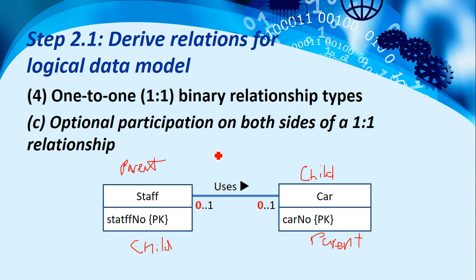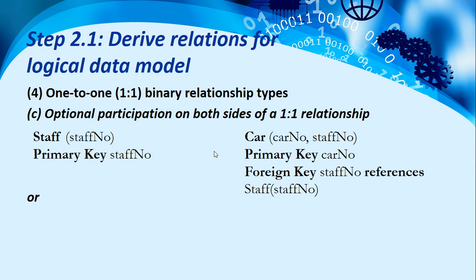So, that is why we have two possible options on how we're going to derive relations for this scenario. The first one, in this case, yung staff is the parent and the car is the child. That is why yung staff, kinopya yung primary key niya dito.